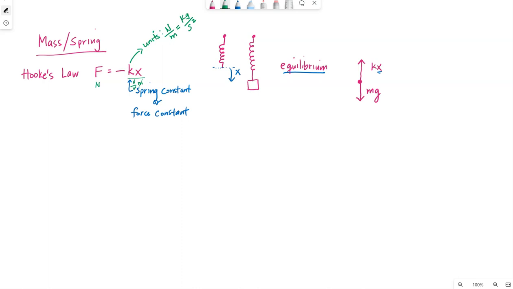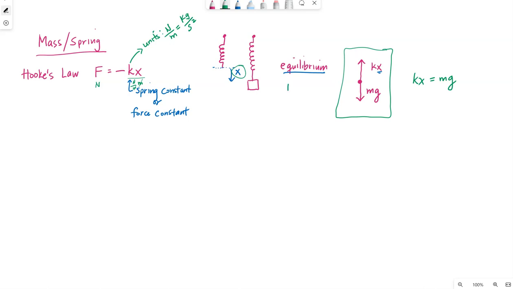So in terms of figuring out how strong a spring is, we can use this equilibrium situation because x is something we can measure. We can measure how far a spring is stretched out when we hang a mass from it. So we could say that this mass itself, that magnitude of force upwards from the spring, has to equal the force of gravity if we're in this equilibrium situation.